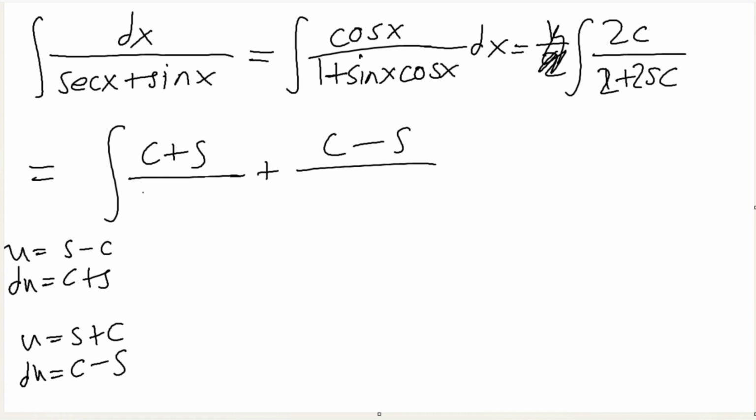Okay, now what we have here is 1 plus sine 2x, right? And then here we need a minus 1. We need a minus 1 here. So minus 1 plus 1, 3 minus 1 minus sine 2x.